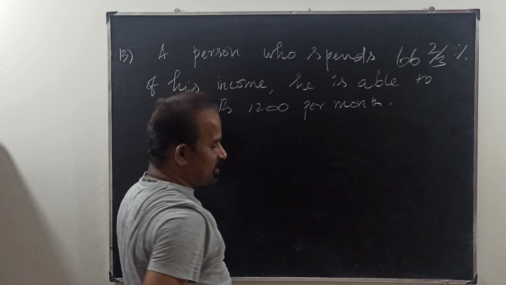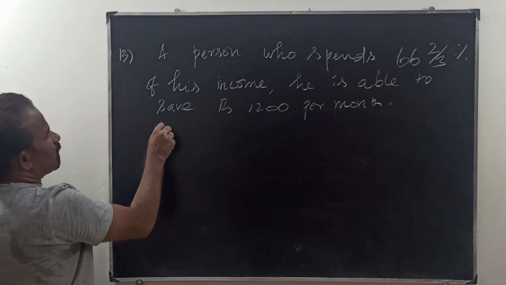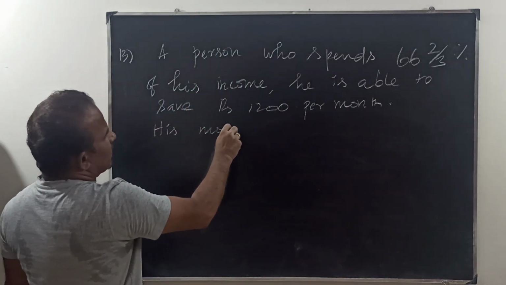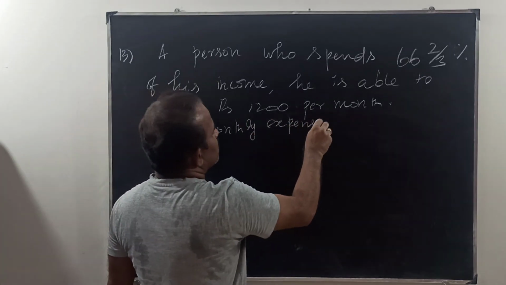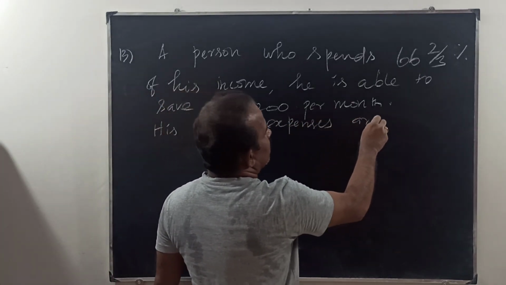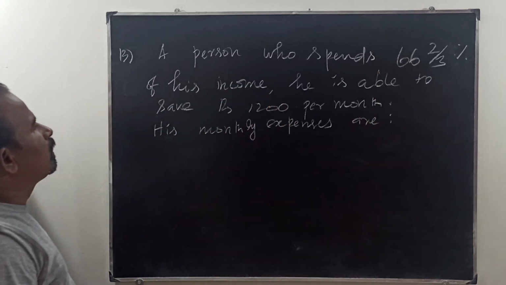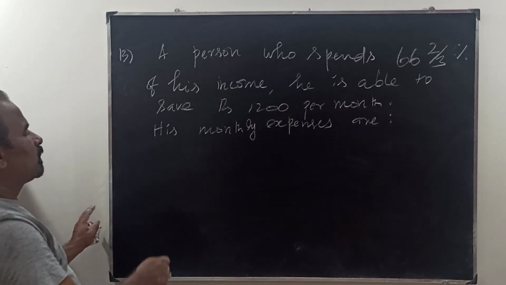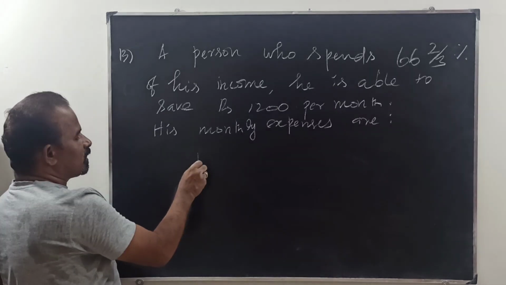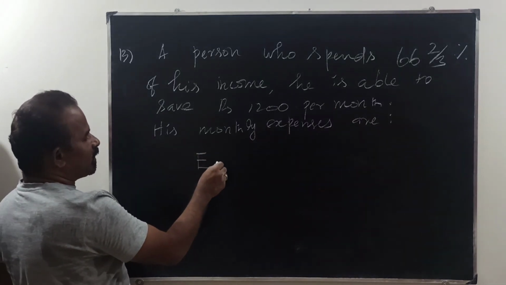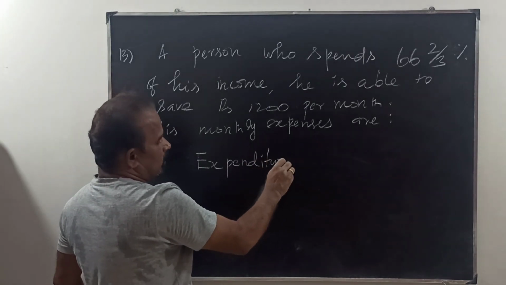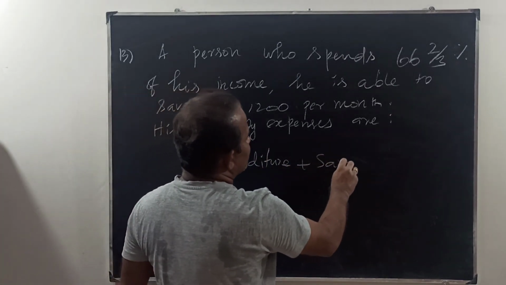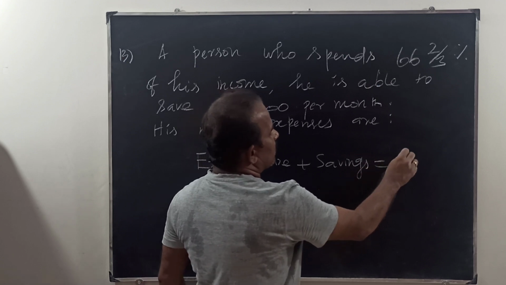His monthly expenses are what? Okay. The important thing is, expenditure plus savings is equal to income.